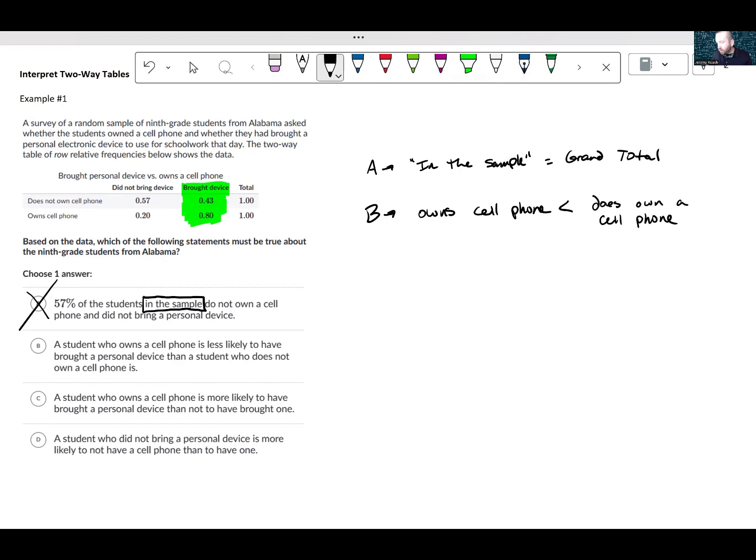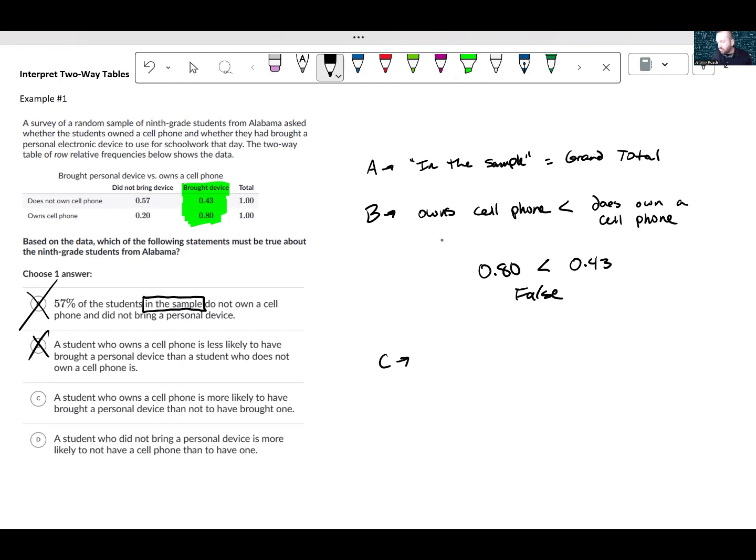And that would be saying that owns a cell phone 0.80 is less than 0.43. And that's false. That is not true. So B is false. I'm going to cross that out.